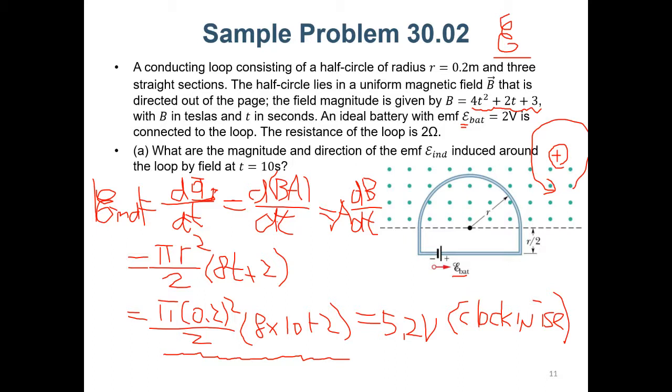So d phi B dt is positive, which means counterclockwise. However, for Faraday's law, it should be a negative sign. So the induced electromotive force should be clockwise.